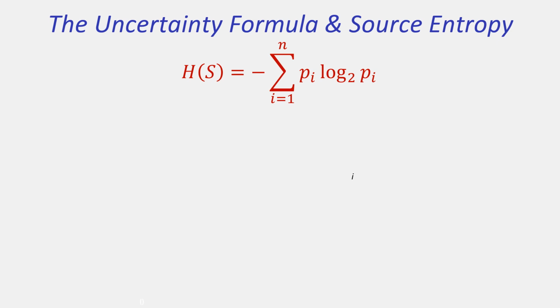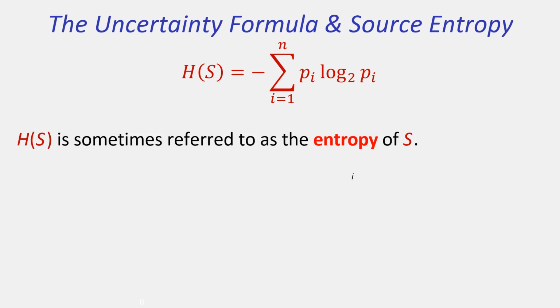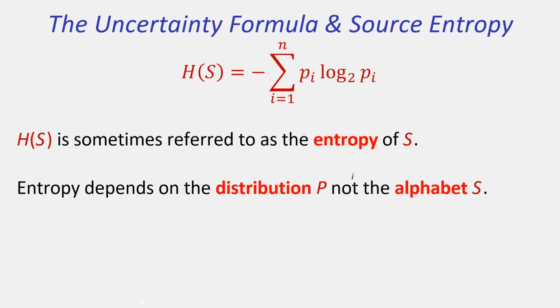One sums up over all of the symbols in the alphabet the uncertainty associated with that symbol. And this is sometimes referred to as the entropy of the symbol source. A very important point about this: the entropy in a source depends on the distribution, what determines the likelihood of individual symbols appearing. It does not depend on the alphabet being used itself.